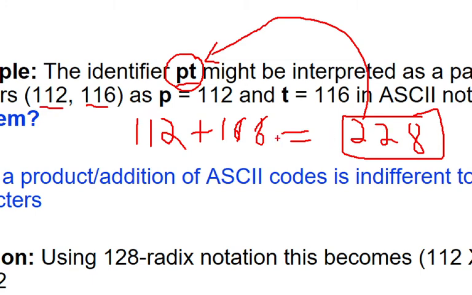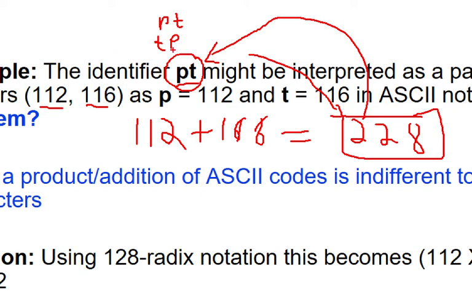Now this is a numeric value which represents PT, but this approach is quite naive. Why? Because PT and TP both will have the same numeric representation, right? So when we have the same numeric representation for totally different character strings, then the mapping function will produce the same slot for both of these.